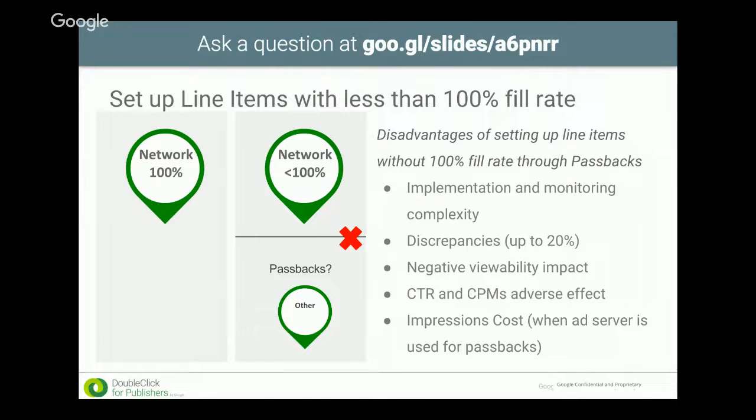But we also do recommend setting up frequency cappings for given ad networks, because from your perspective as a publisher, it is not useful to send way too many ad requests to networks that cannot simply fulfill them. This goes back to the passback solution, because even if you can capture those impressions that otherwise would be unfilled, it still is a loss for you, for some other reasons which I will not get into today.